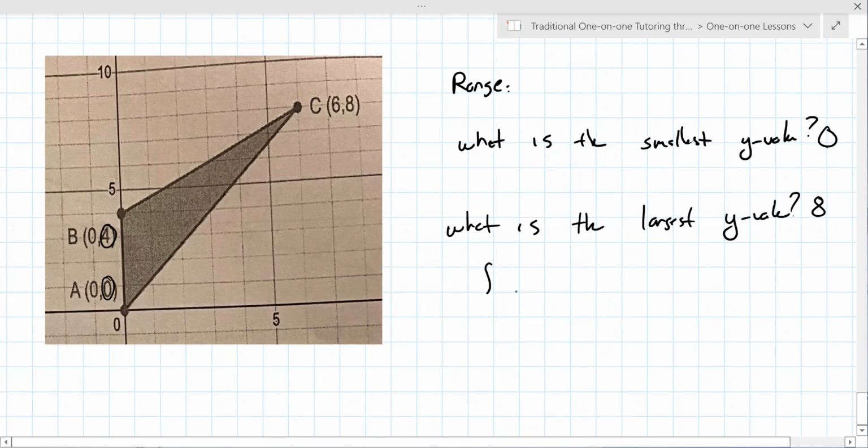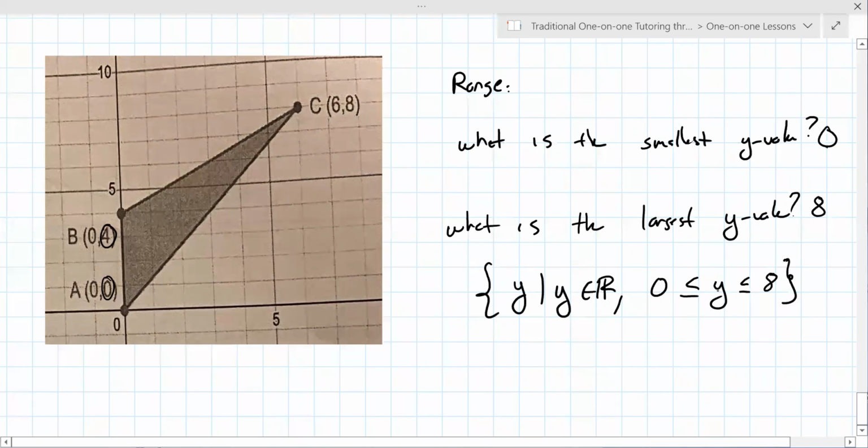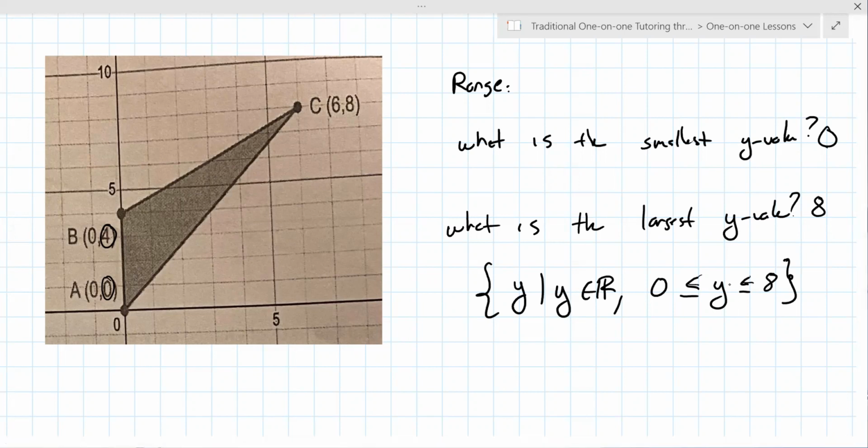So your range is y such that y is an element of the real numbers, comma, you put those two numbers and y is in the middle. And it's always this direction, pointing to the left.